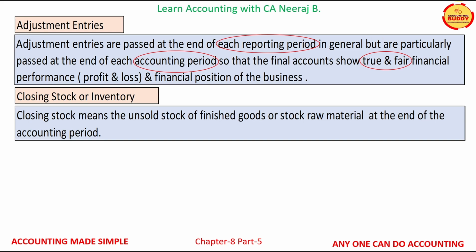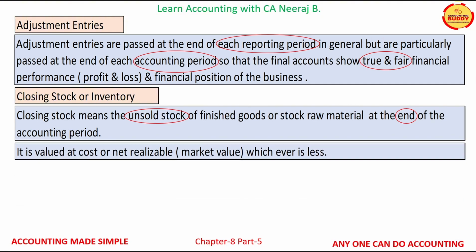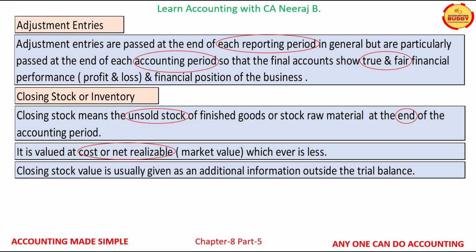Closing stock means the unsold stock of finished goods or raw material stock at the end of the accounting period. It is valued at cost or net realizable value, whichever is less. Closing stock value is usually given as an additional information outside the trial balance.